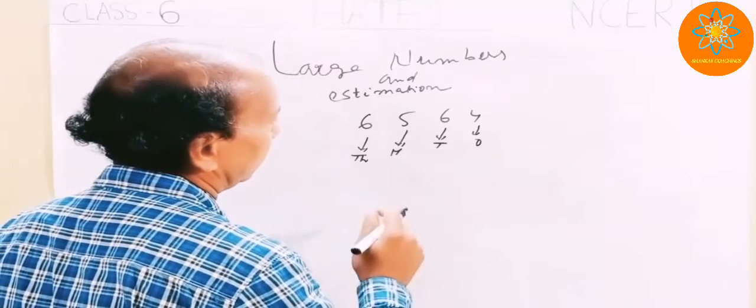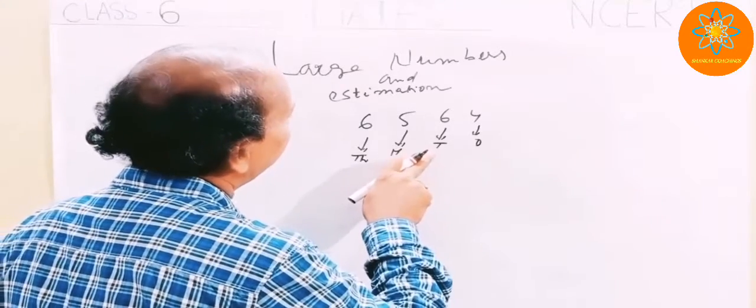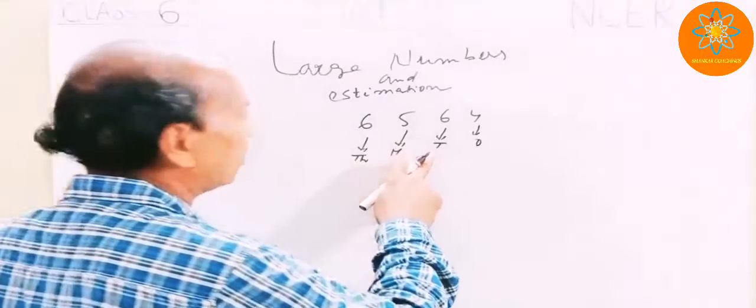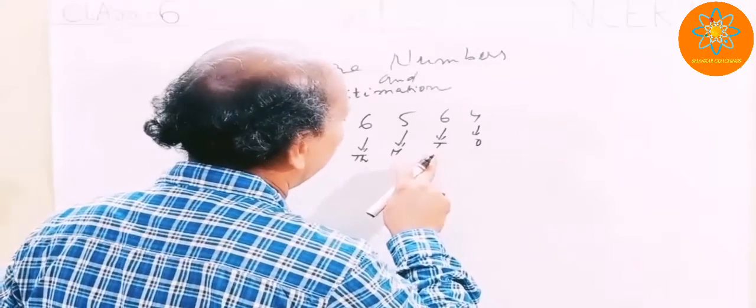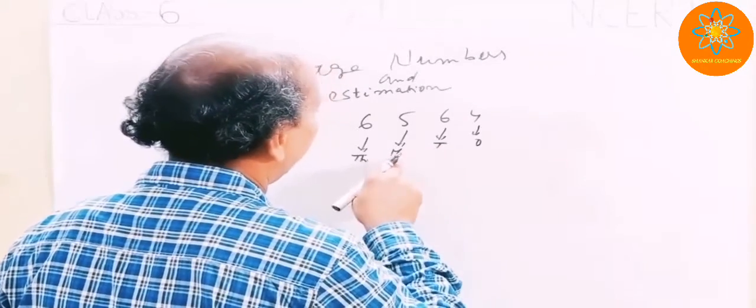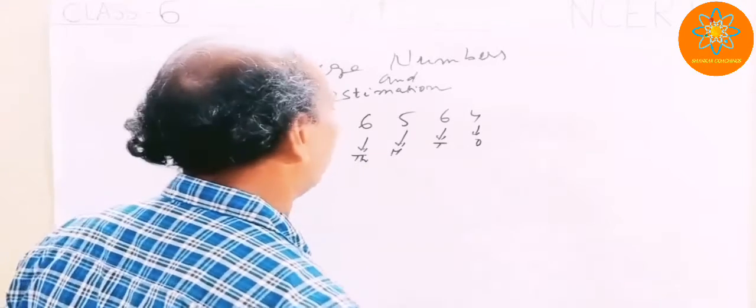So we can estimate it, which means rounding it either to the tens place, the hundreds place, or the thousands place.